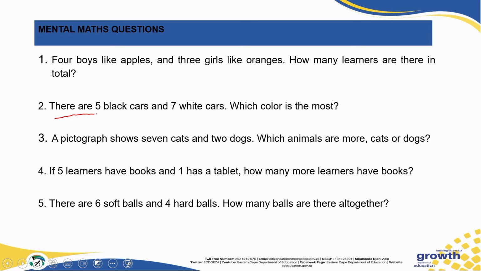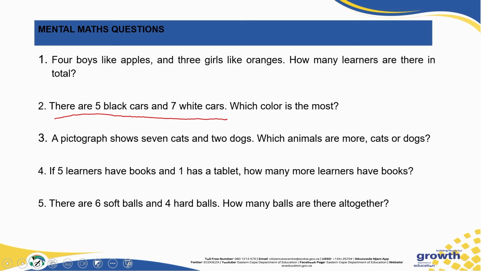Now I will read the second question for you. There are 5 black cars and 7 white cars. I know you like cars very well. Here is my question, grade ones.